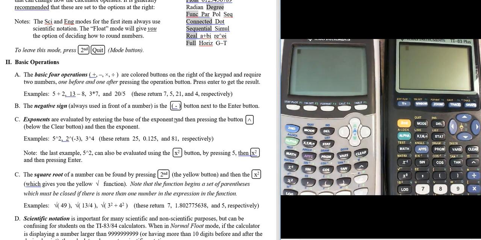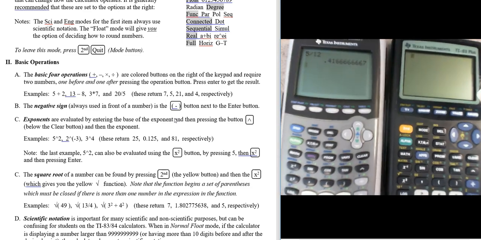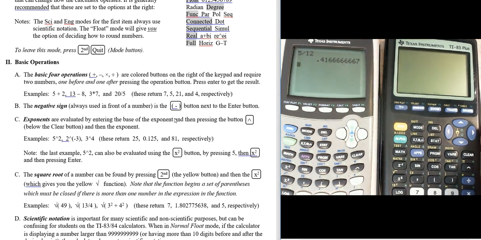Now, if you notice, if you have something like 5 divided by 12, it puts that slash, that backslash, and that's for division. And so 5 divided by 12 is 0.416666666 repeating, but at some point it rounds it to the right, or however many digits it'll fit on the screen.